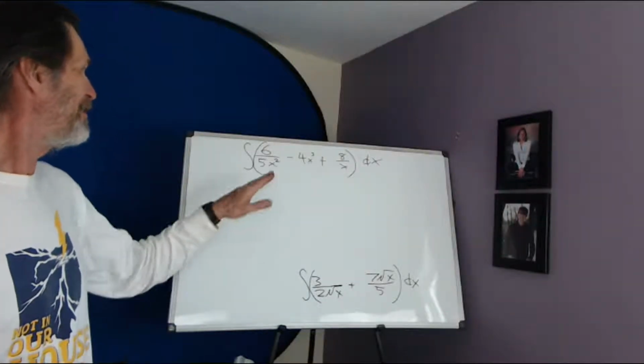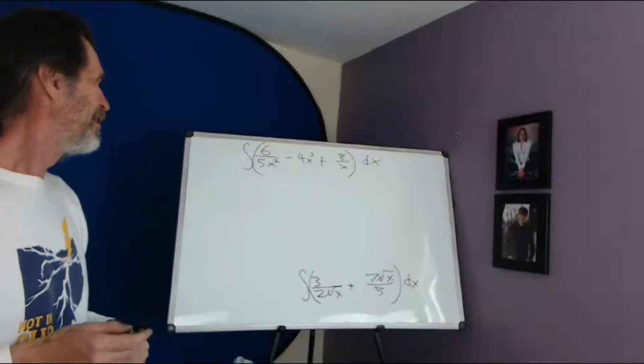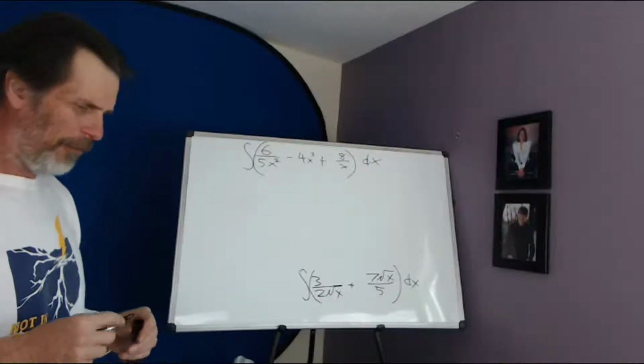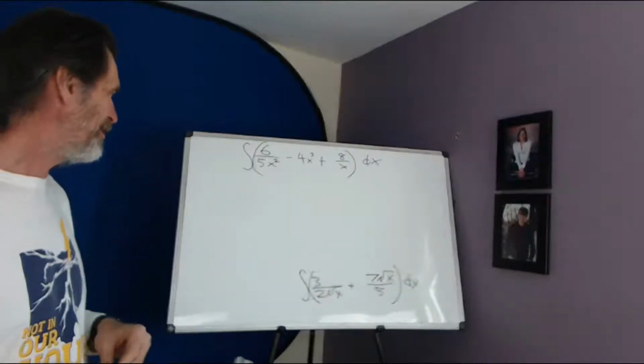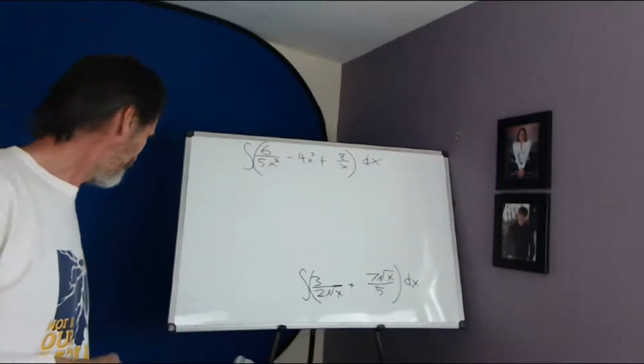So have at that one. See if you can make it flow smoothly, and if you can, tell me what you get for the answer, and then start on the second one as well.